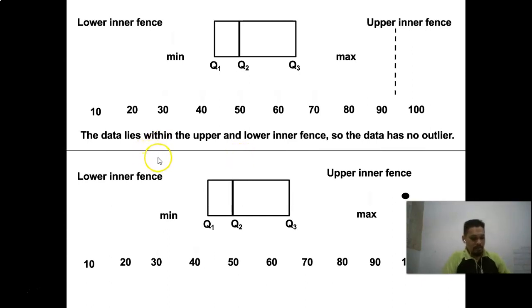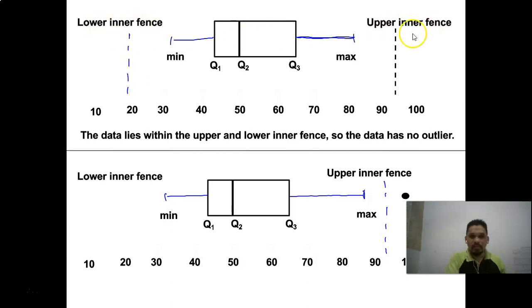For example, here there is the minimum, the maximum, and an upper inner fence, and there's one data that is weird or different from the others, which is outside the lower and upper inner fence.